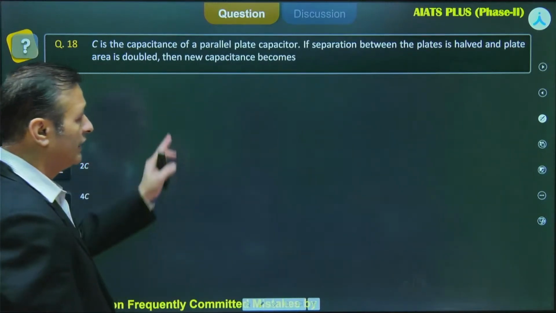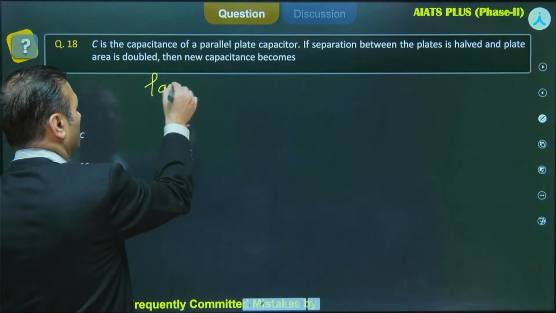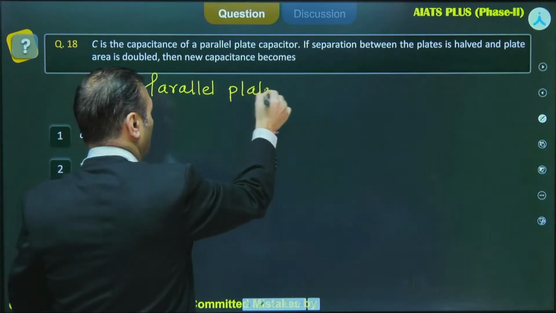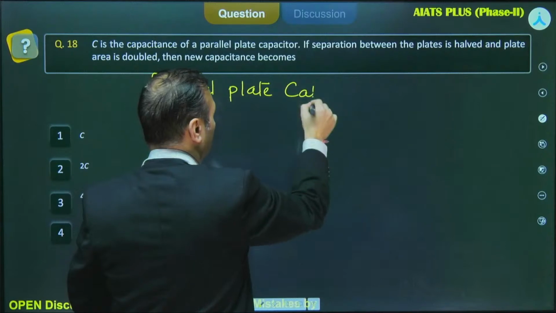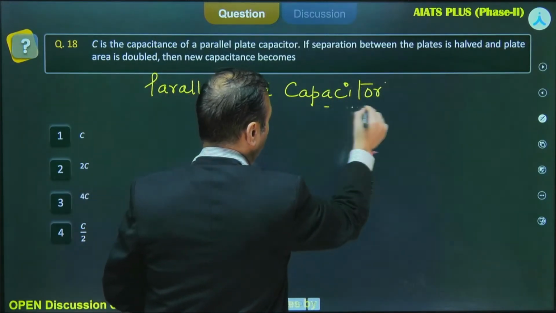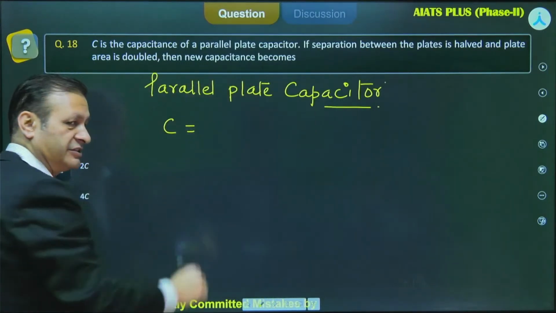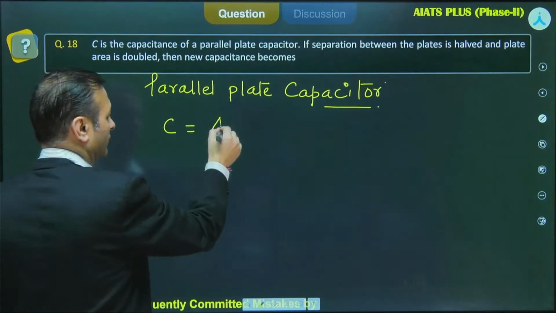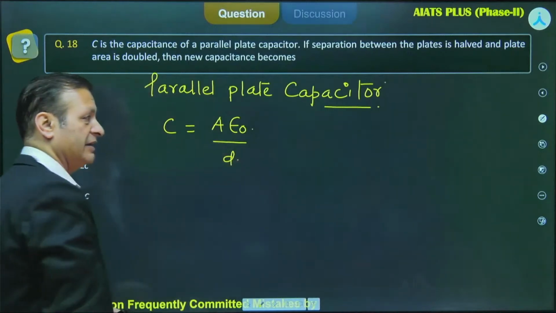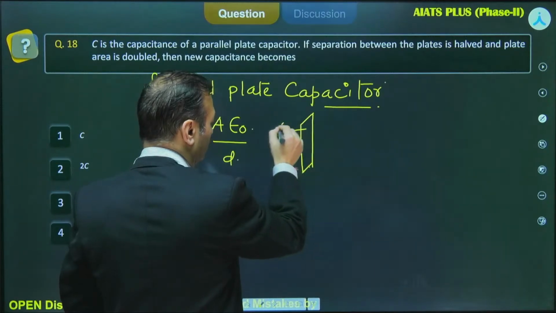So before we attempt this situation, let's understand the parallel plate capacitor. For the parallel plate capacitor, the formula for capacitance C is A epsilon naught by D, where A is the area of the plates involved.